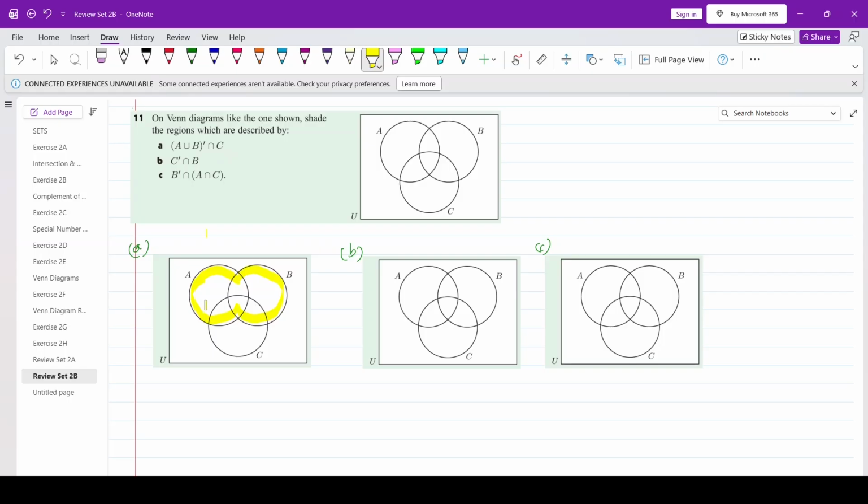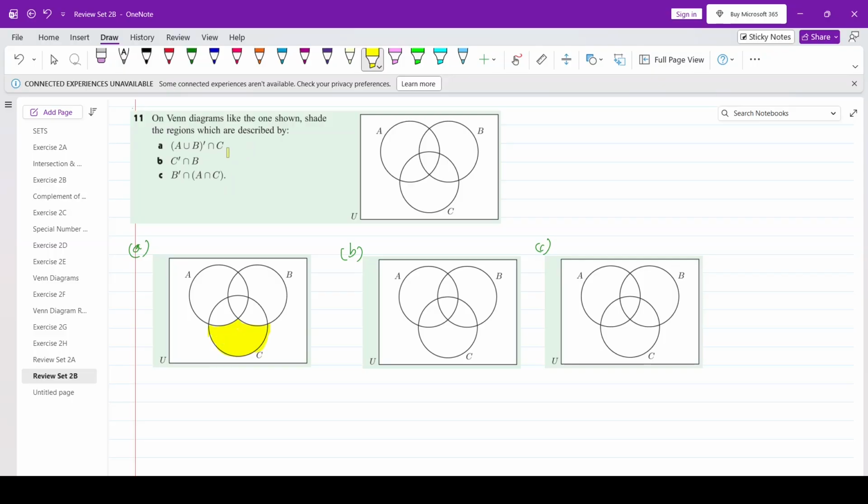And its complement is going to be everything outside this region, all this region. Now we have to find this region intersection C. So this region intersection C is going to be this part only. Therefore, the question is asking us to shade this region.